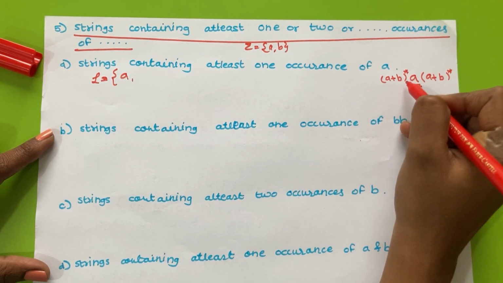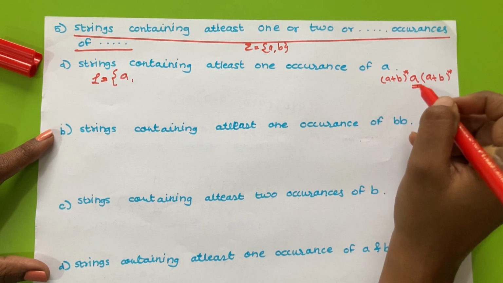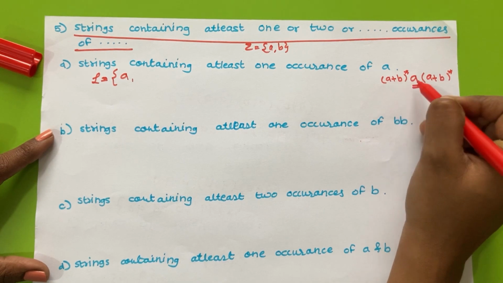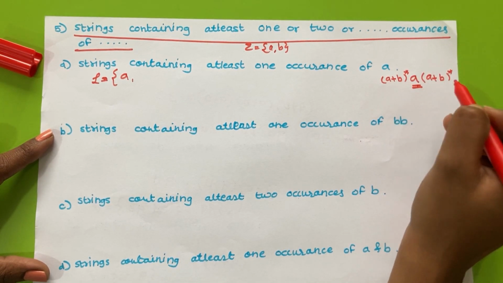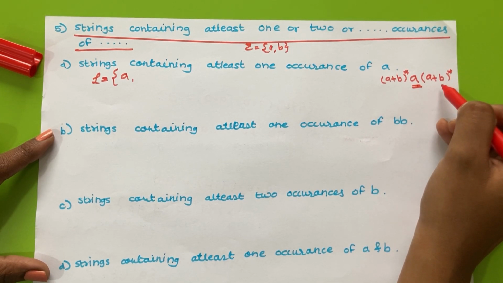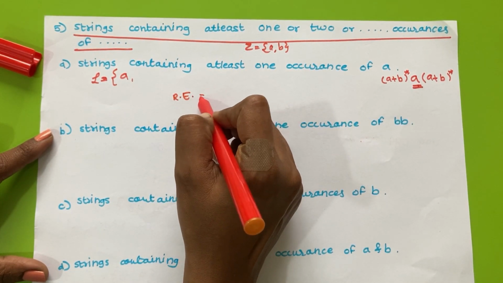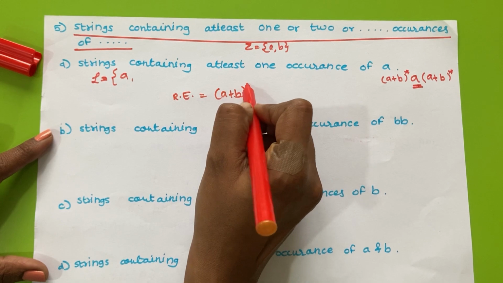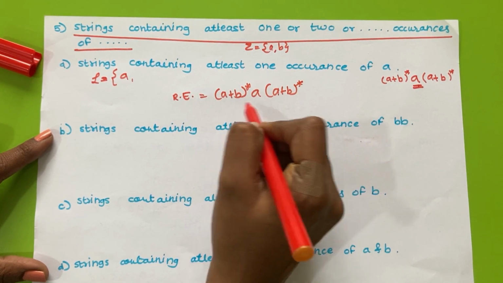And we can have any number of a's in this part, and in this part also we can have any number of a's. So what will be the regular expression for this? (a+b)* a (a+b)*.